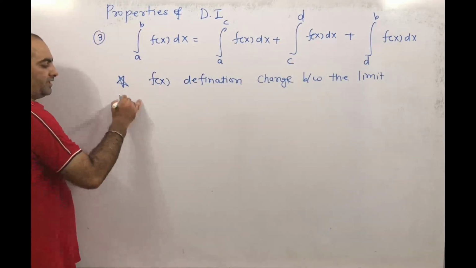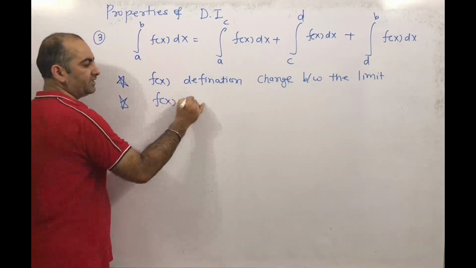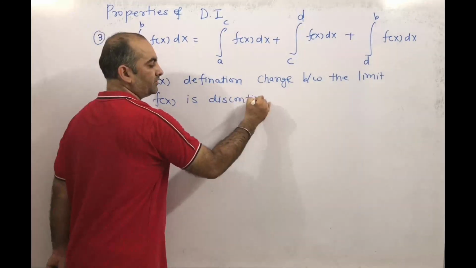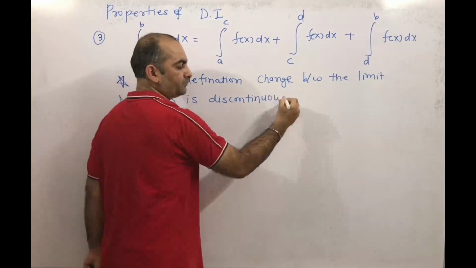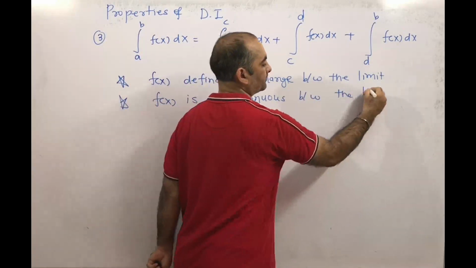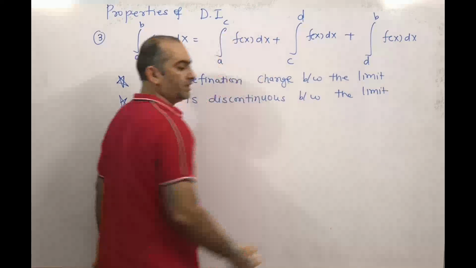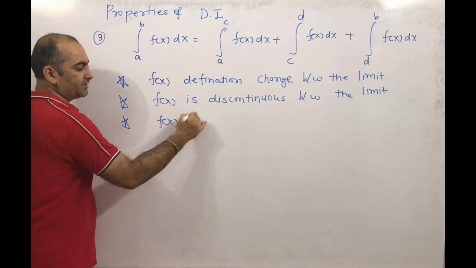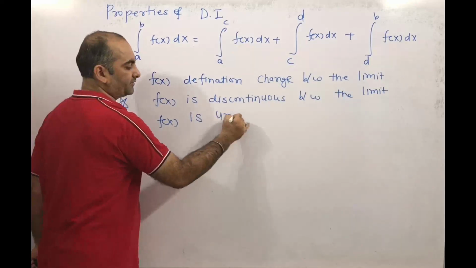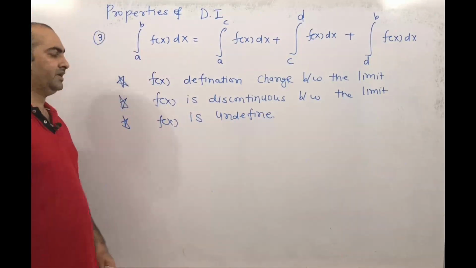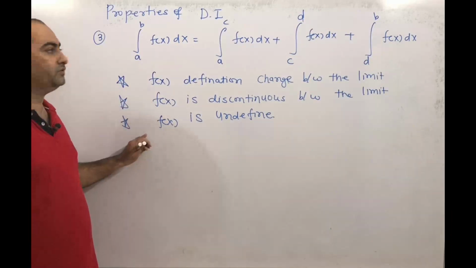Second: f(x) is discontinuous between the limits. And third possibility: f(x) is undefined. In these three cases we will use this property.